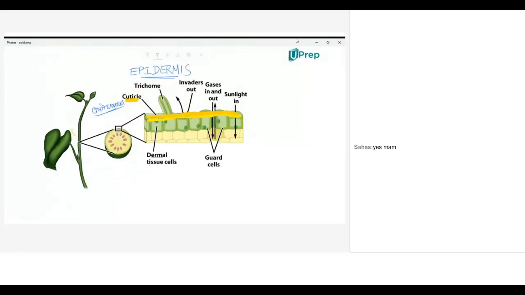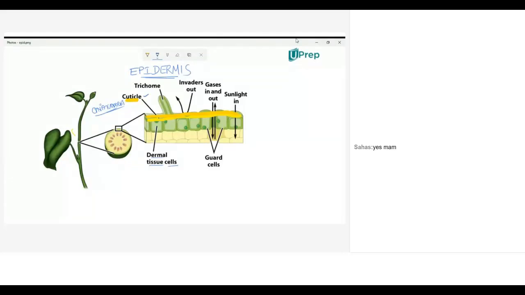Let's see. Suppose you take the plant, you'll have leaf structures and stem structures almost covered by a thick layer called epidermis, made up of dermal cells, and above the dermal cells you will have a thick layer called cuticle.